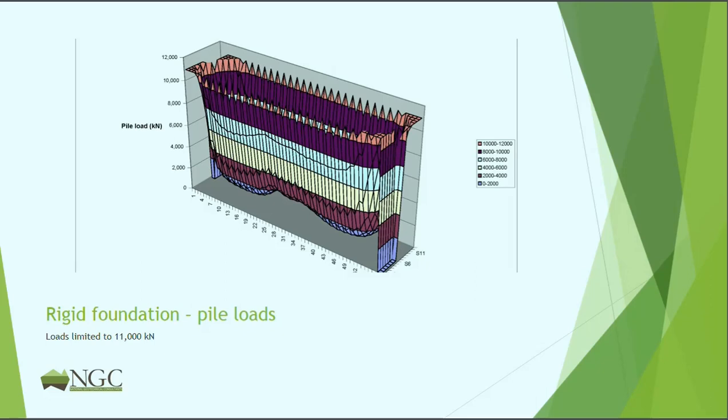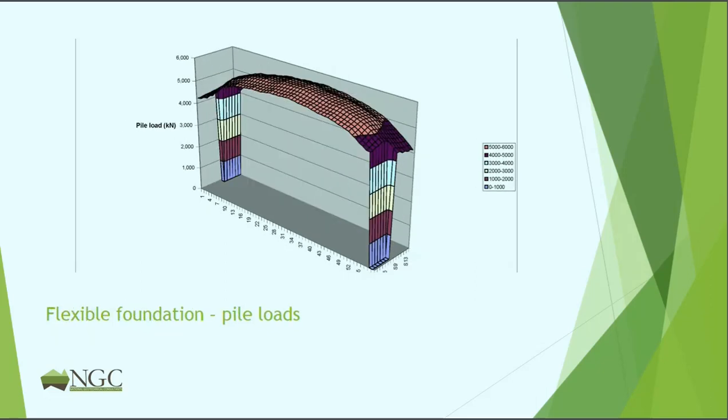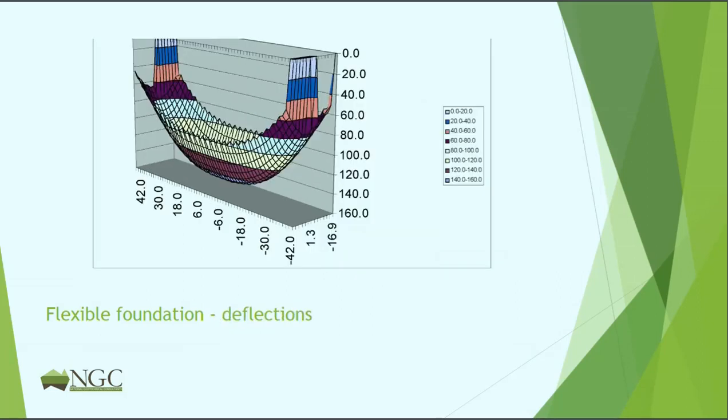If we then say, okay, well, let's say it's a flexible foundation, in Piglet we get this answer. So this is pile loads, where we are seeing the maximum load in the center, and the settlement curve looks something like this, but it's much higher settlement than the SAFE model has predicted, because we're allowing for the flexibility of the soil, and we're also allowing for pile-soil-pile interaction.